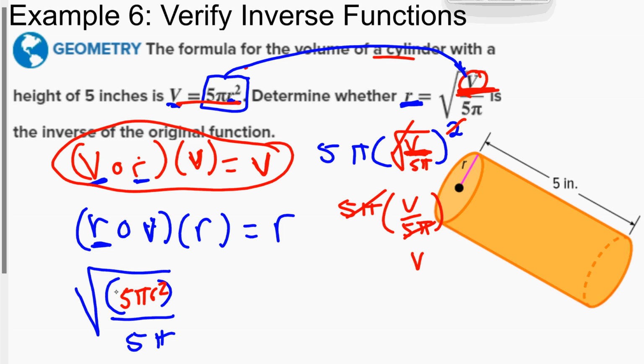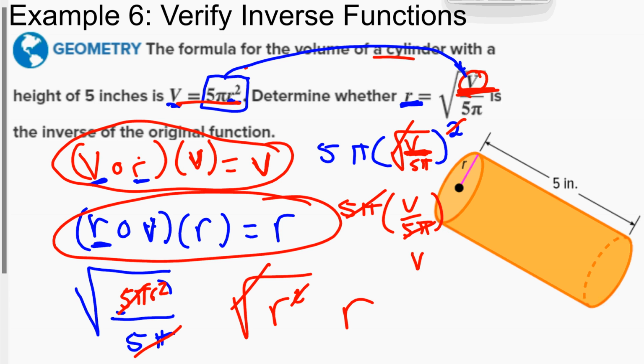There's nothing in front of the parentheses, so I can just take down those parentheses. I can cancel 5 pi over 5 pi, so I get the square root of r squared, and now I can cancel out the squared and square root, so I just get r left, and that's what I want. Start with my variable, I get my variable out. So those are inverse functions.